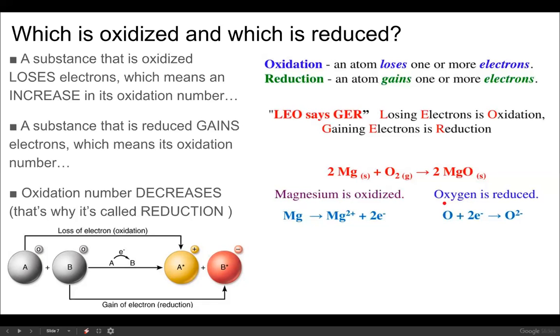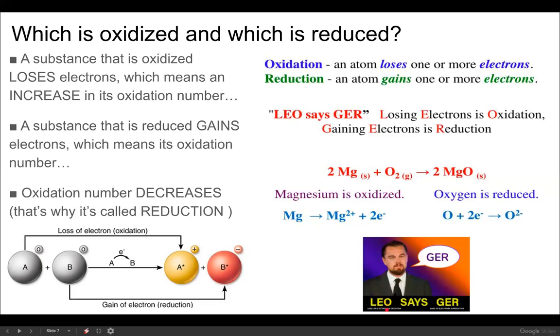And here we have oxygen in this reaction. It's being reduced, so it's gaining electrons, reduction. Oxygen with a neutral charge or a 0 oxidation number is now gaining a -2. So remember, LEO says GER.